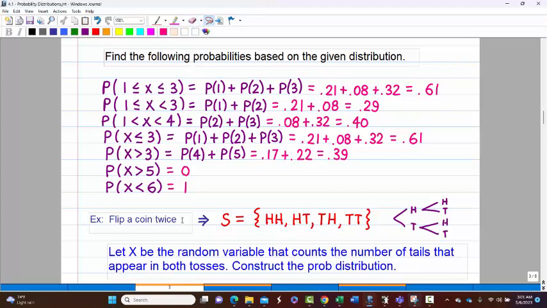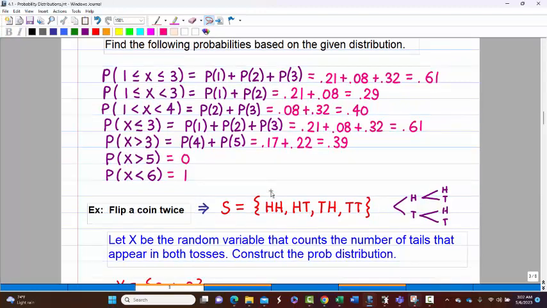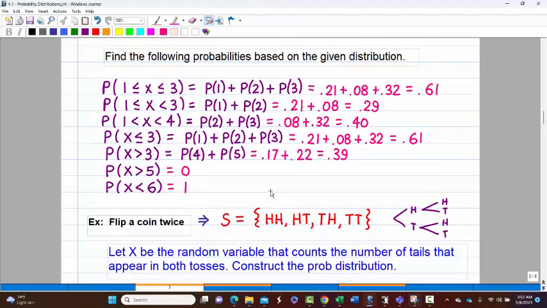So you now see, even though we're dealing with heads and tails, we're going to have a numerical outcome. If we flip a coin twice and we're counting how many tails, we can get no tails, 0.